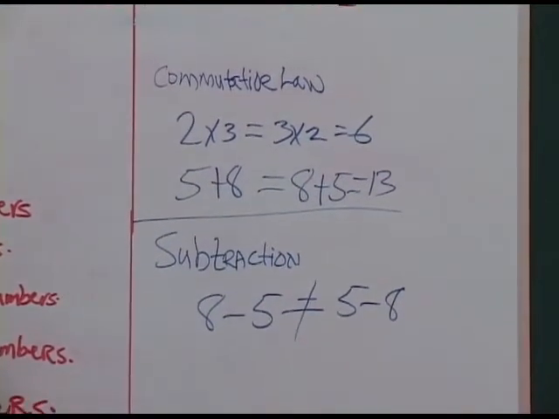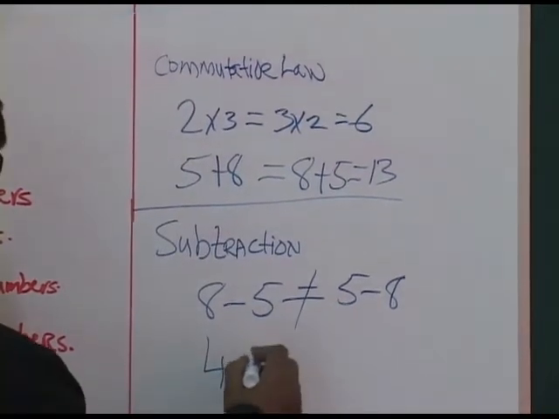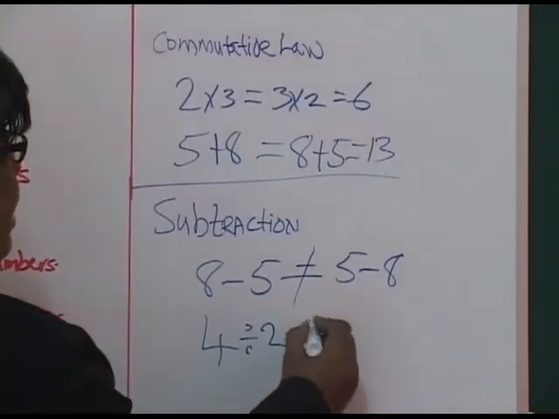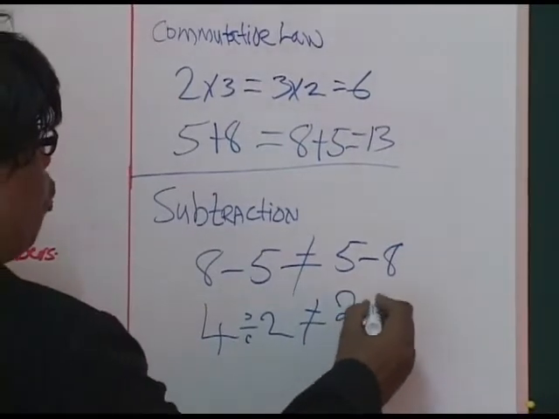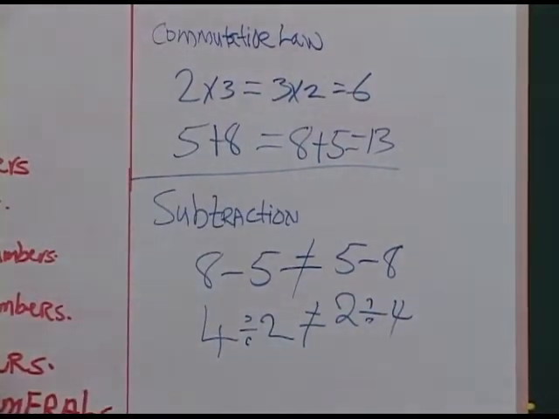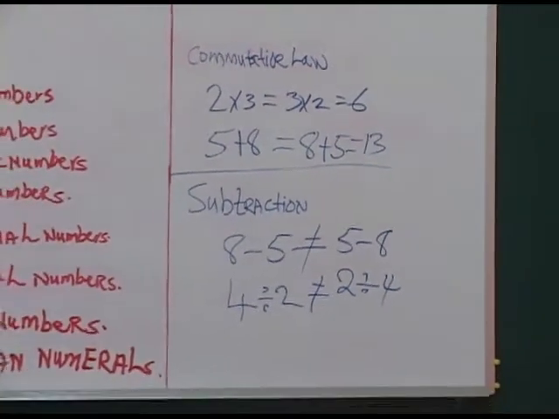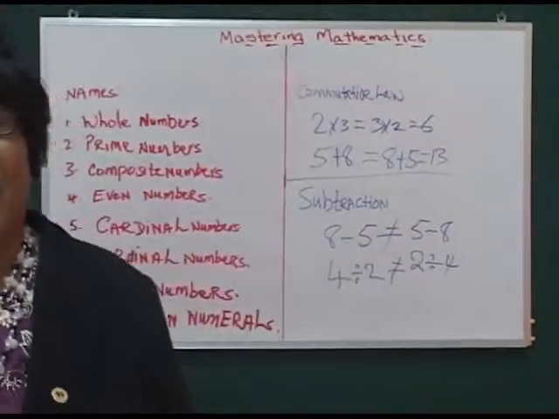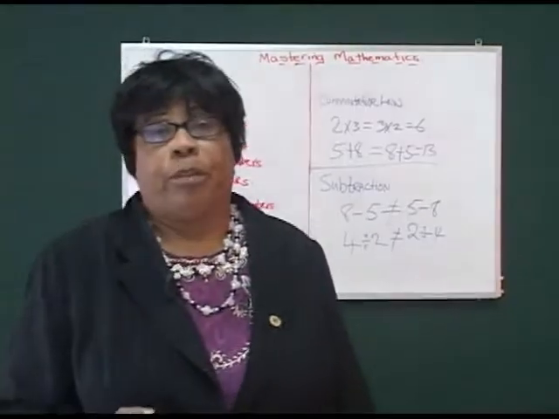Neither does it hold for division. If we had to say 4 divided by 2, it is not the same as 2 divided by 4. So our commutative law works only for addition and multiplication.